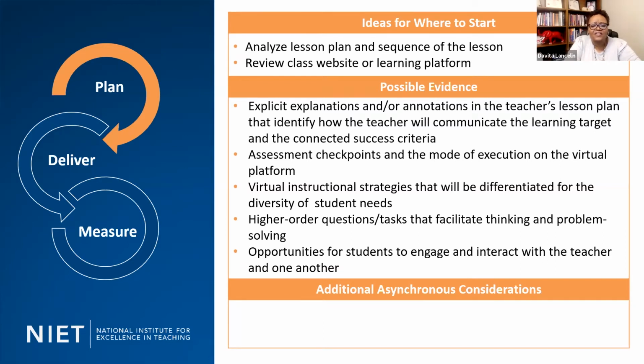You might even notice how the teacher may highlight some of those higher order questions or those tasks that are going to really facilitate that thinking and problem solving for students. And then even the opportunities where students are going to be able to engage and interact with not only the teacher, but with one another.